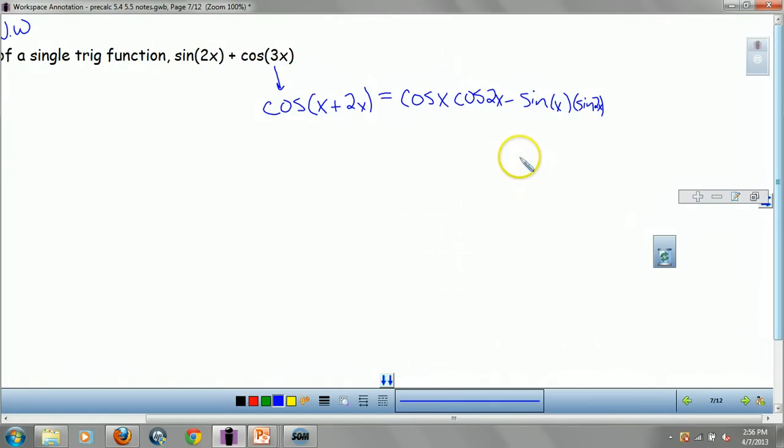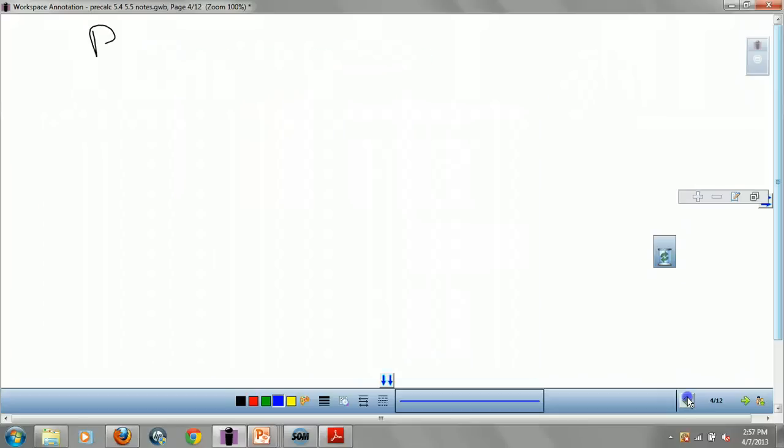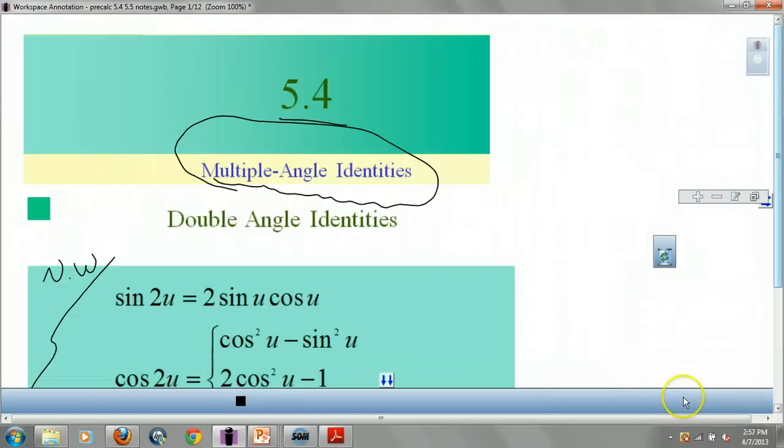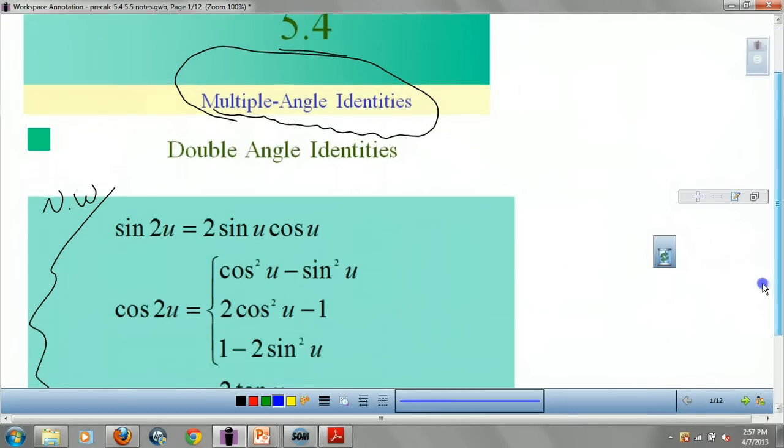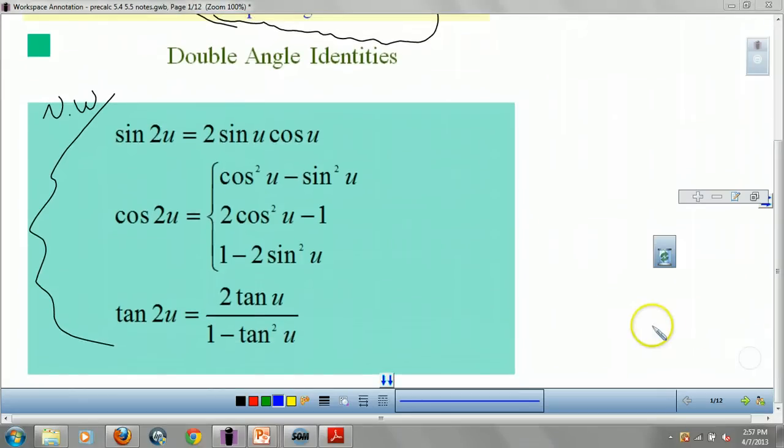Alright. Okay. So now let's take this cosine of 2x. Let's take a look at our past, guys. What's cosine of 2x equal to? Which one do you guys want to use? You guys want to use this one? Cosine squared minus sine squared.